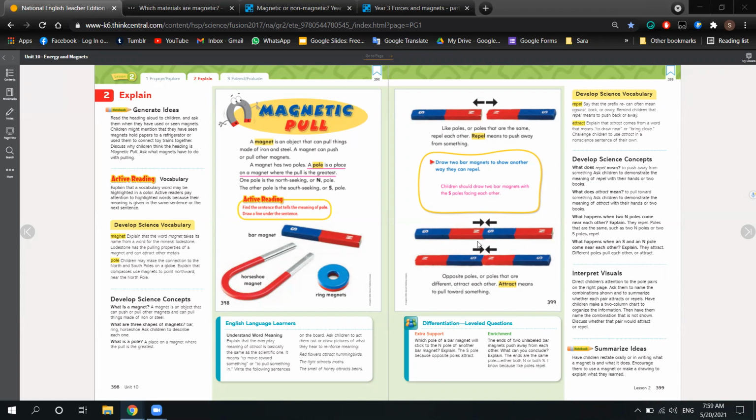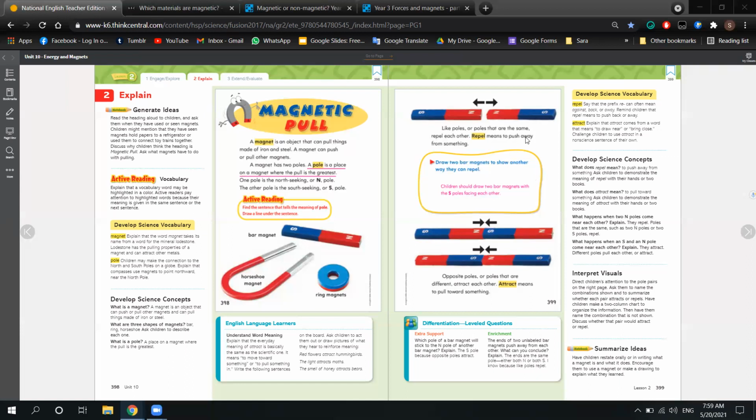And when we have the north and south standing in front of each other, the word that we have to use is attract. So we have the word attract and the word repel, and attract means to pull towards something.